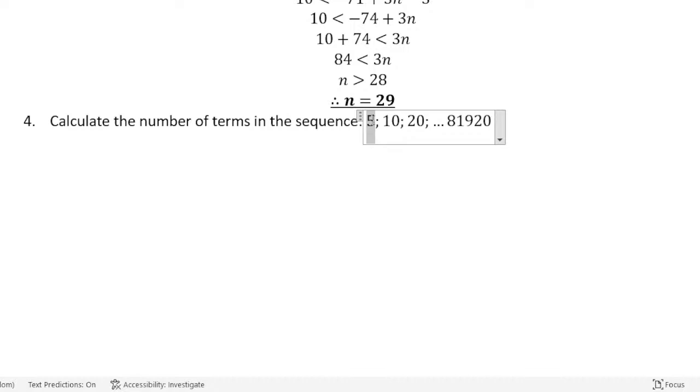The sequence 5, 10, 20 continues. Then we have 81,920. So this one is almost the same as what we did here, but I'm giving you just 4 minutes on this one. It was not difficult. 4 minutes to complete it. Please, I need your rough work.